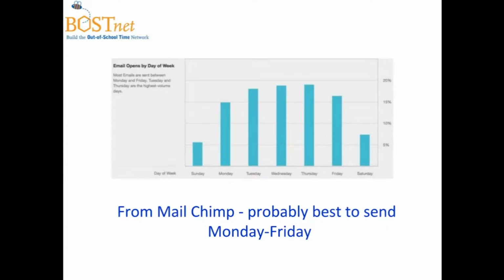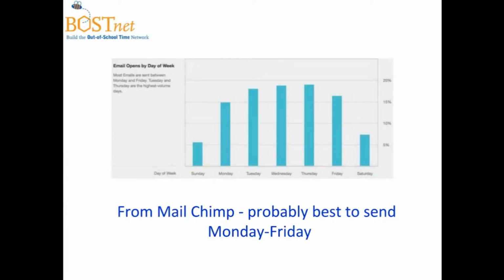So this is MailChimp's general information about when it's best to send emails. It will differ depending on the company who's sending it and the type of person who's opening it. But what you can see here is really that Monday through Friday are the best times to send emails, and that maybe on Mondays they don't get opened as much.